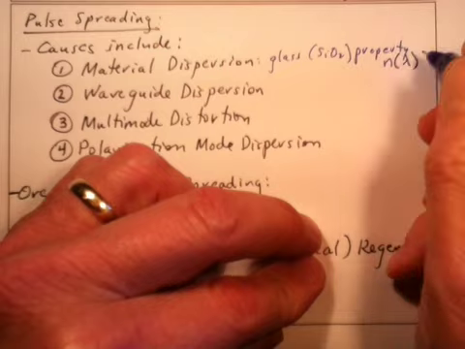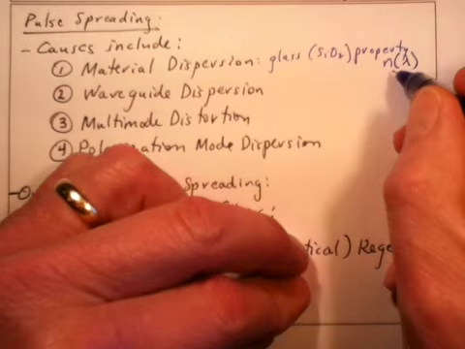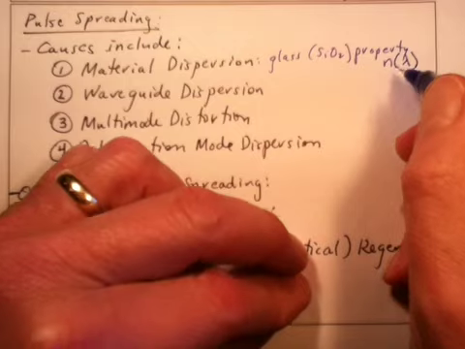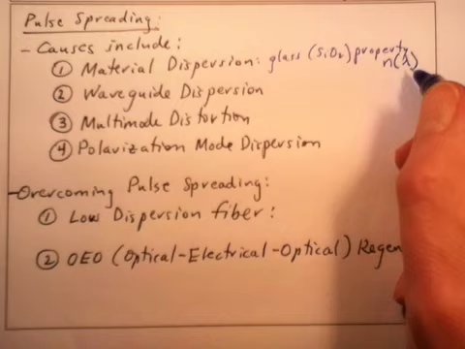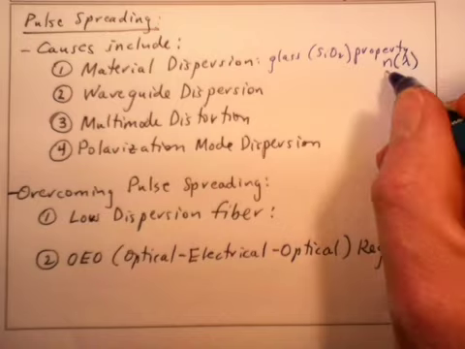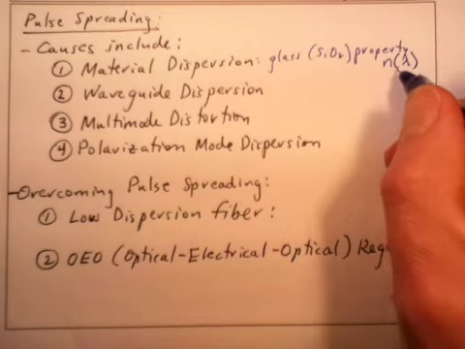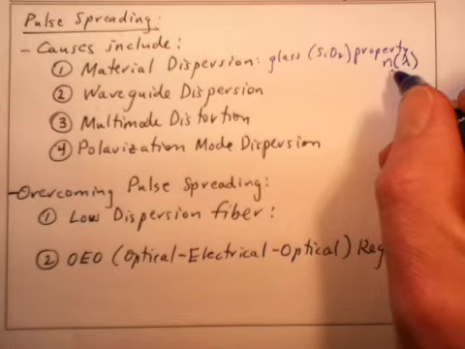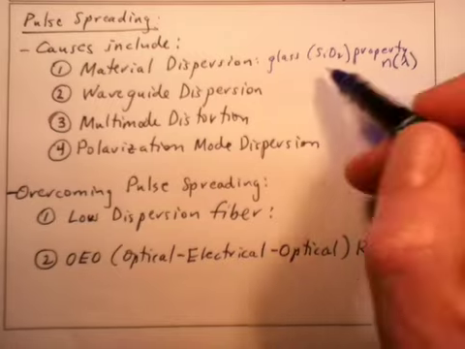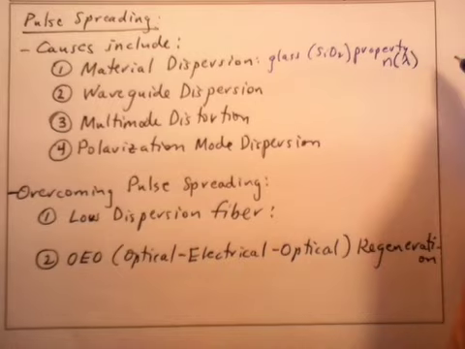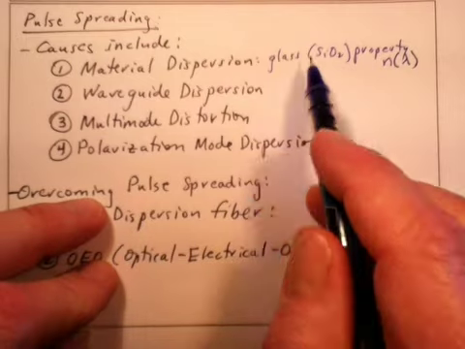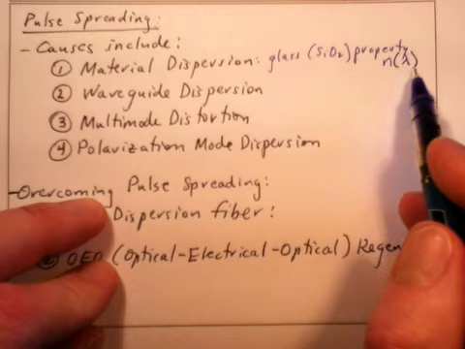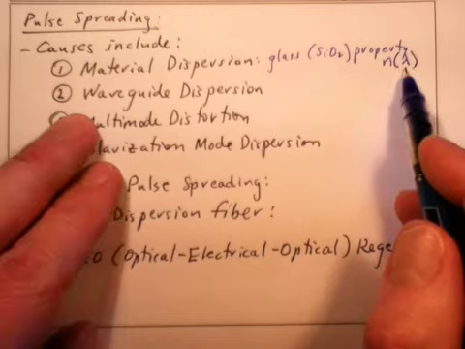So n is wavelength dependent, and the index of refraction, as you should know from your undergraduate careers, characterizes the propagation speed of light in the transparent substance. Okay, so first of all, we've got material dispersion. The material itself has a wavelength dependence on the propagation speed.